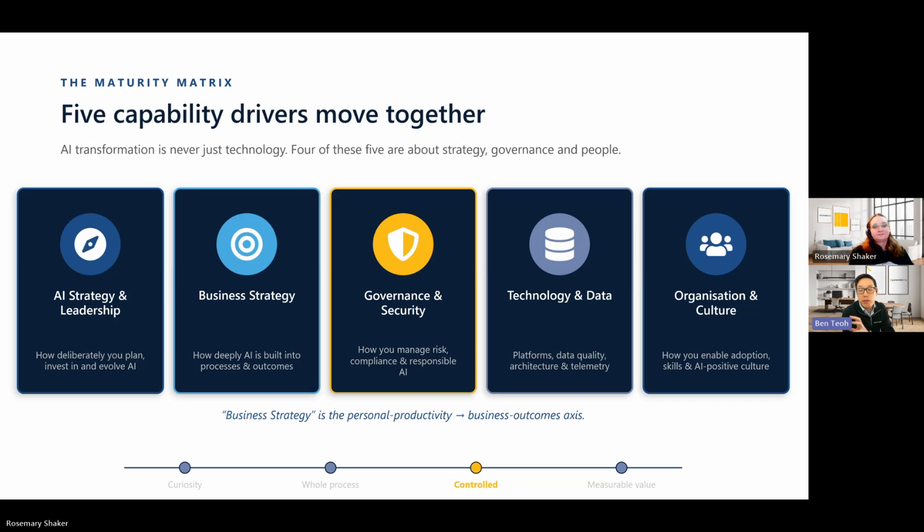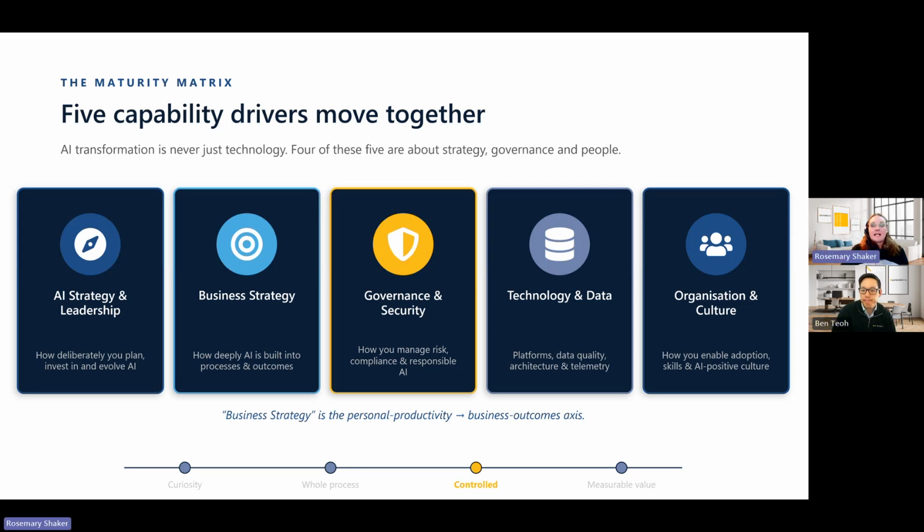Likewise, with tech and data, we can run a pilot that's specifically designed to test whether our SharePoint governance is where we think it is. So piloting works really well when you're thinking about how to roll this out, especially if you're not 100% sure where you sit with each of these.